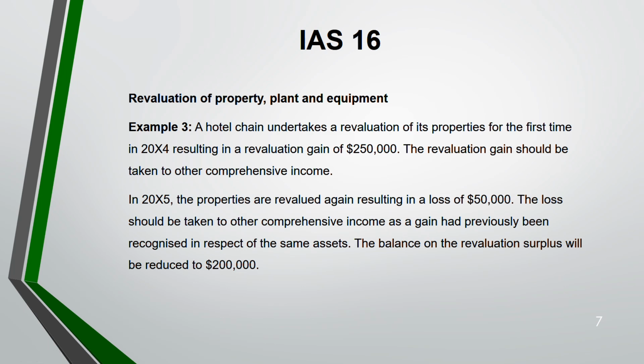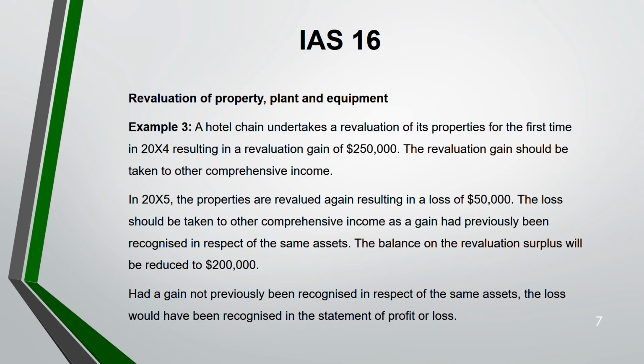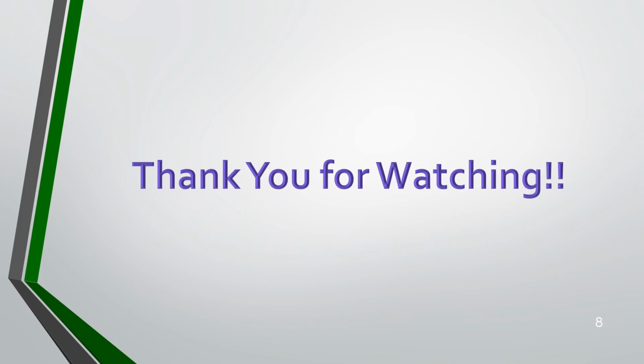See, from 250 you will reduce only 50. So that 50,000 you will only take from OCI. Still you will be having 200,000. Then your revaluation surplus will fall down to 200,000 from 250 because loss is only 50,000. Now, but had a gain not previously been recognized, then the entire loss will go in the statement of profit and loss.